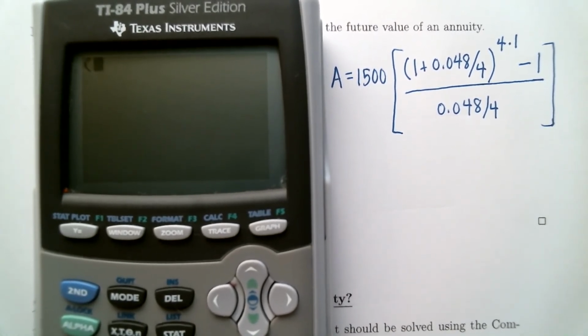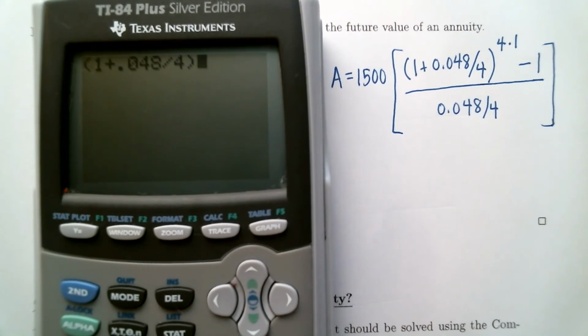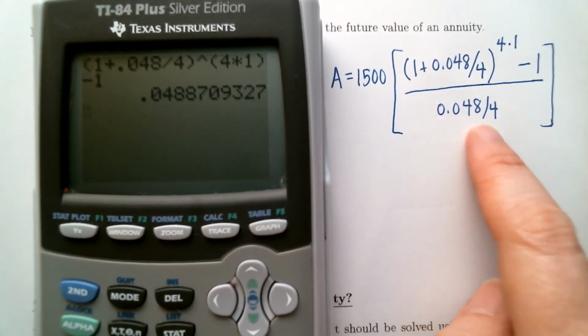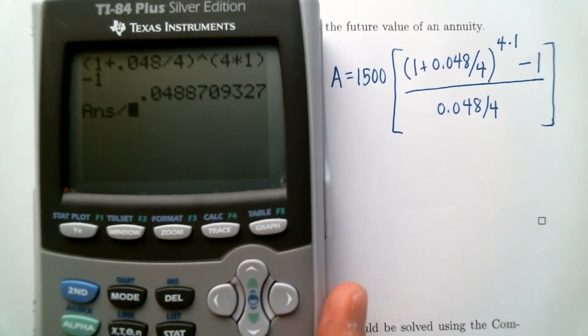So in parentheses, I've got 1 plus 0.048 divided by 4, close the parentheses. Either do the exponent in your head, which you can do here, it's 4. If the exponent's more complicated, you need to put it in parentheses. Close the parentheses before you subtract 1. This is the numerator, so hit enter. That's a nasty decimal. Then you need to divide it by the denominator.